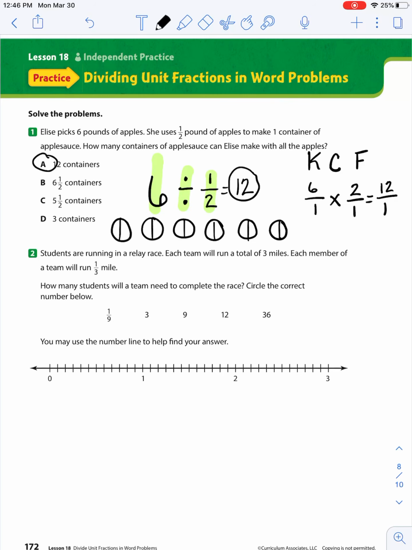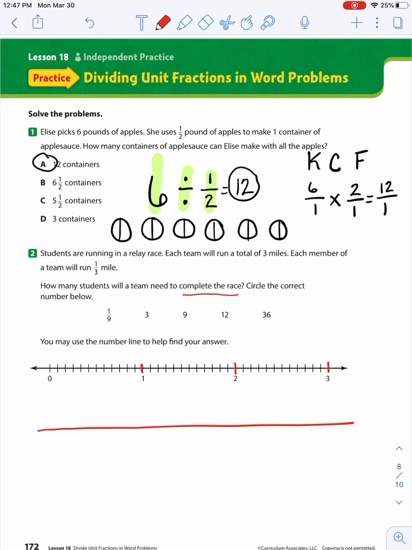So here's our 3 miles I see on the number line. Mile 1, mile 2, mile 3. Each member of a team will run 1/3 of a mile. How many students will a team need to complete the race?